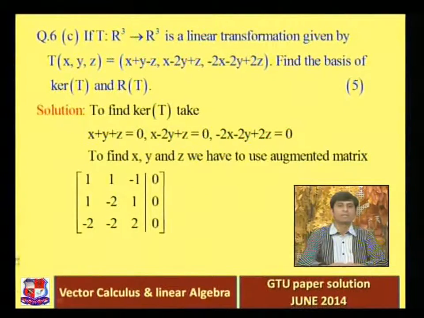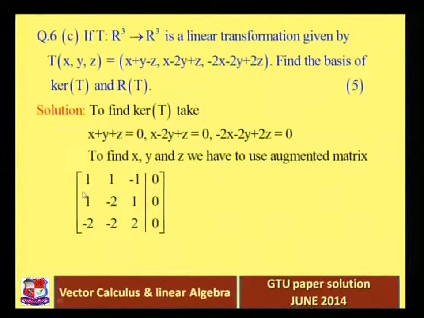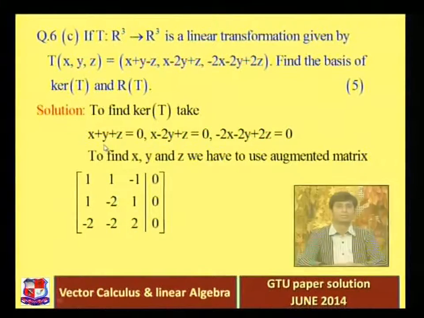This is our augmented matrix, because now we want to find the values of x, y, z using it. The first row is coming from the first equation, x plus y minus z equal to 0, so that is 1 1 minus 1 0.